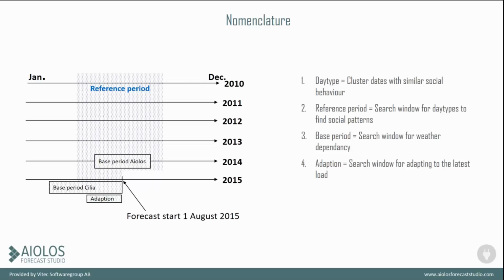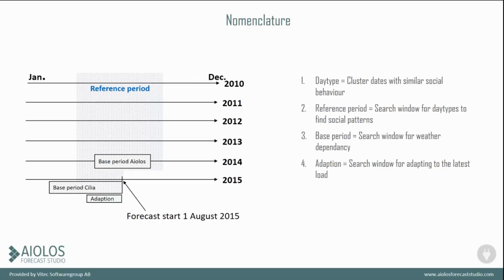So first I'm going to try to define the nomenclature. We have day type, which clusters dates with similar social behavior, meaning you differentiate between weekdays and weekends, for example.